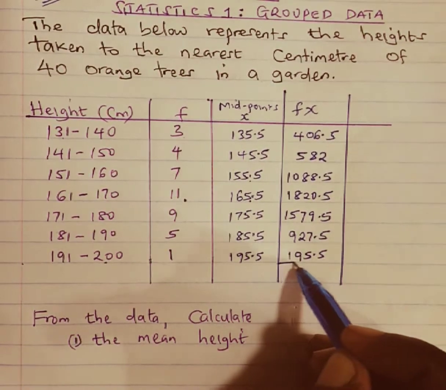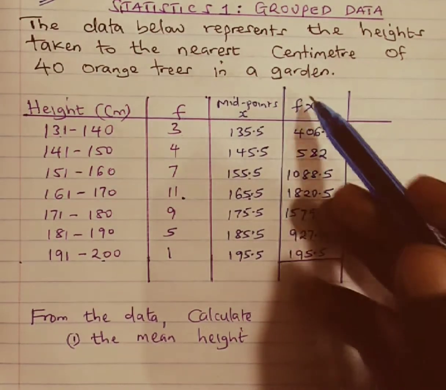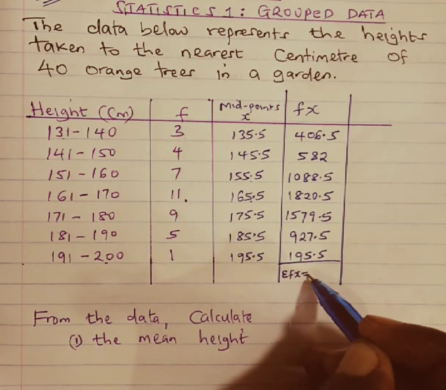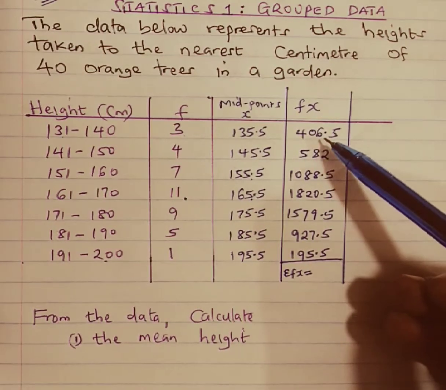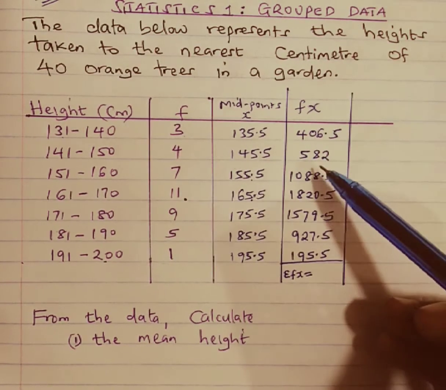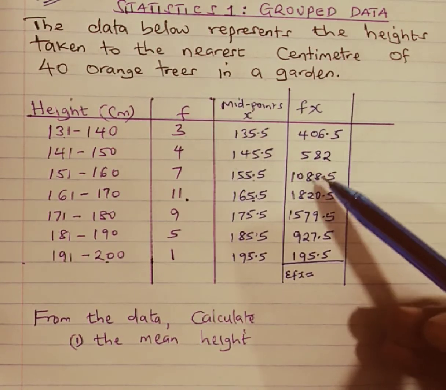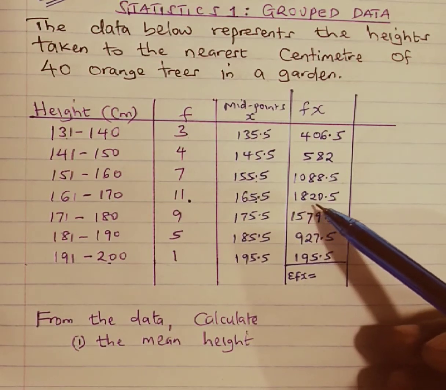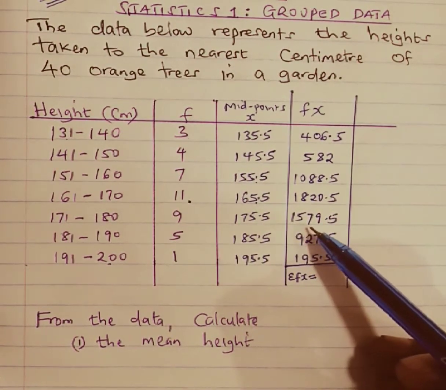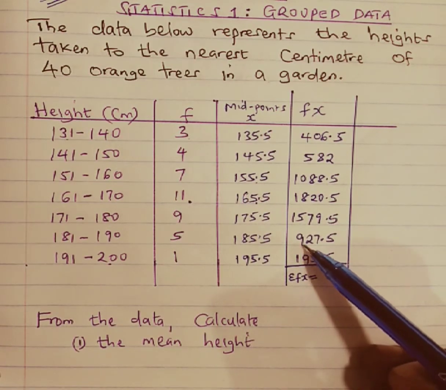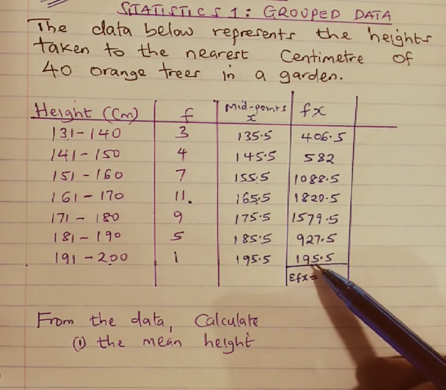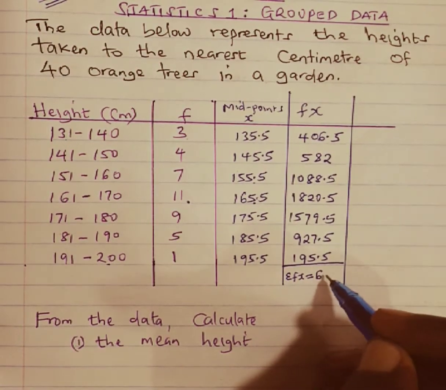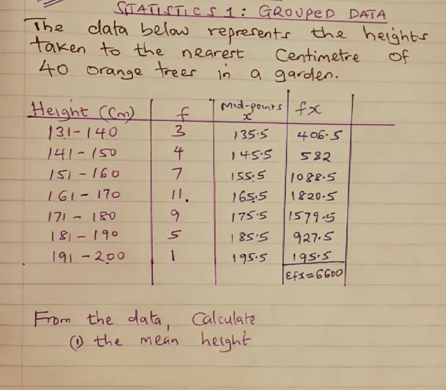We need now to find the total of Fx, that is the summation of Fx. You take 406.5, you add 582, you add 1088.5, you add 1820.5 plus 1579.5 plus 927.5 plus 195.5, and this gives us a total of 6600.